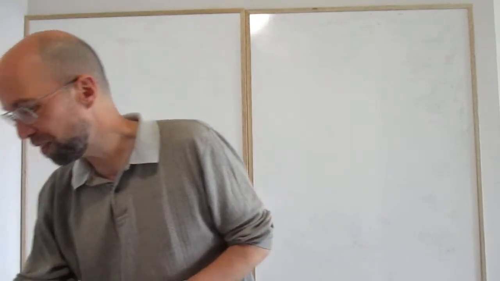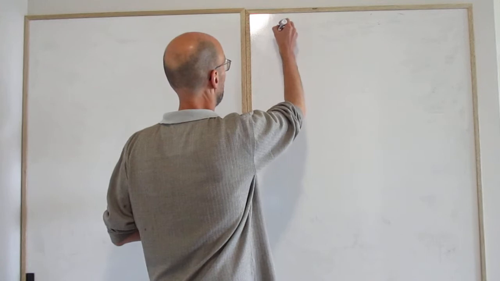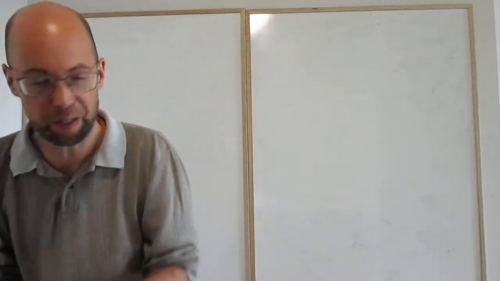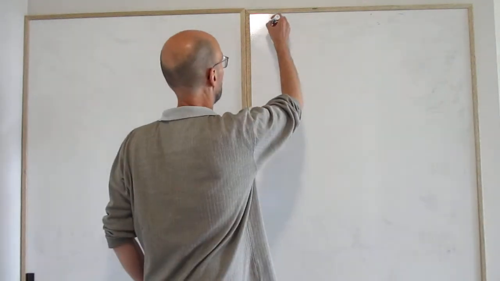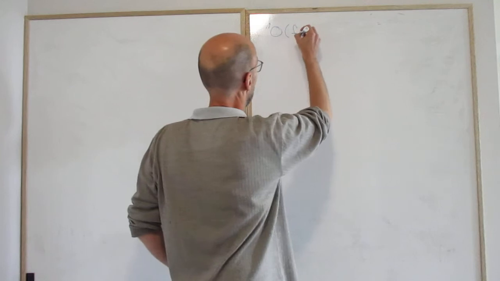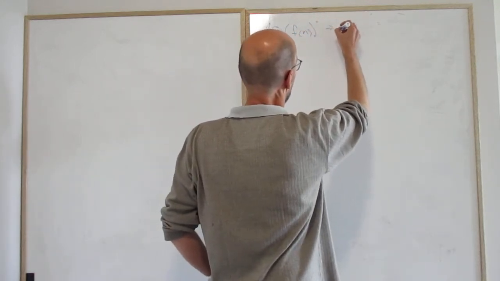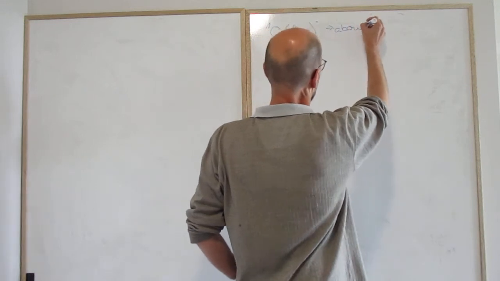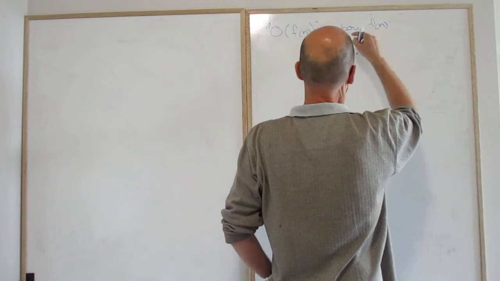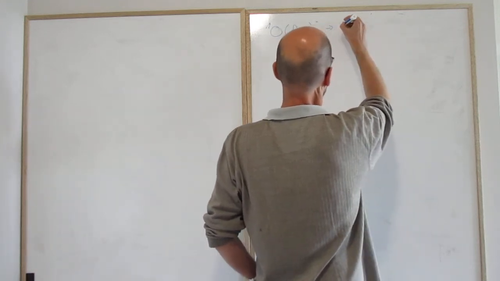So one of these days I'm actually going to open this new pack of markers. Oh no, there's this other pen. Okay, that's the very old blue pen. So big O of f of n means at most about f of n.